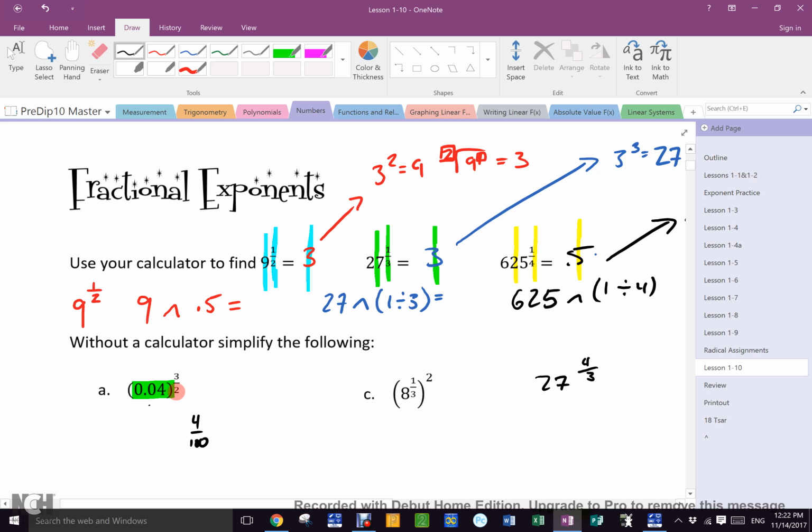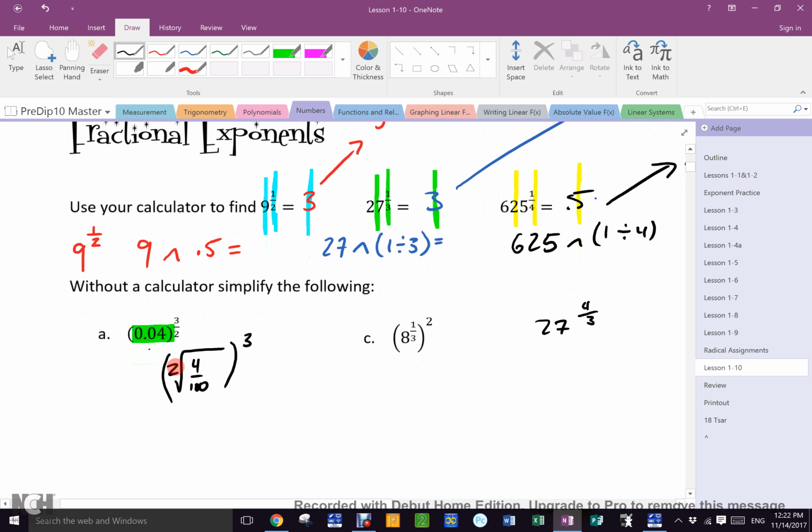Now, the denominator becomes what? The index. The numerator becomes what? The power. What is the square root of 4 100ths? 2 over 10. 2 over 10 to the third power becomes 8 over 1,000, which is 0.008.